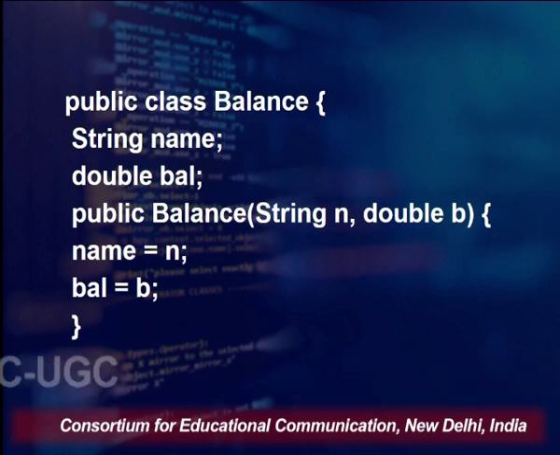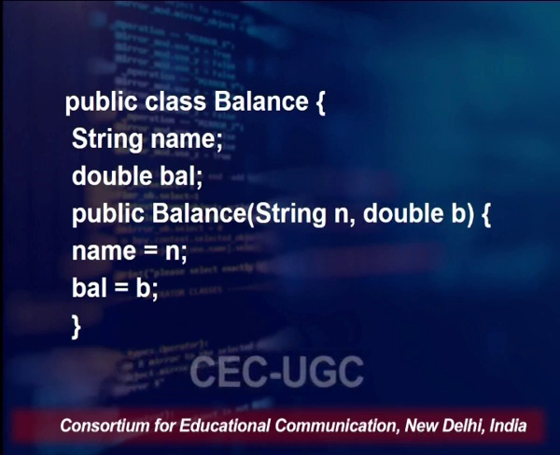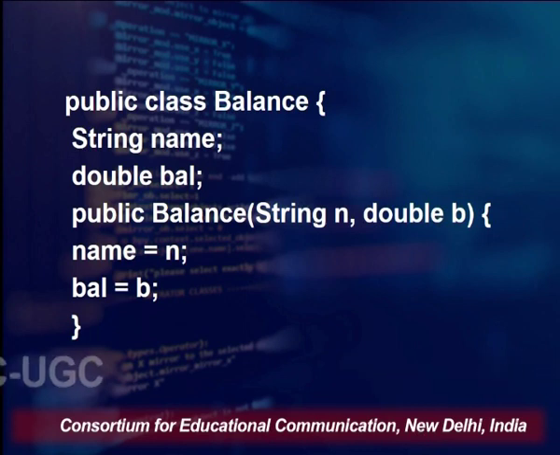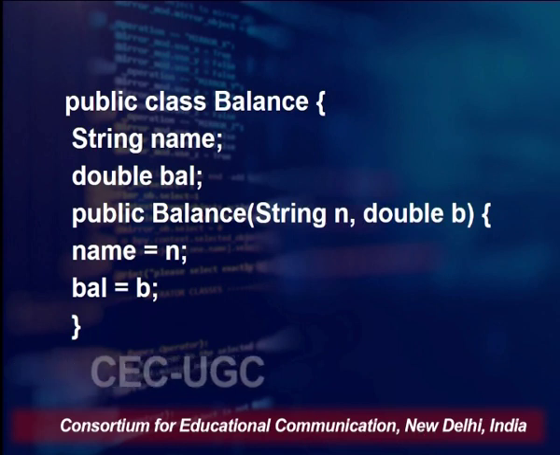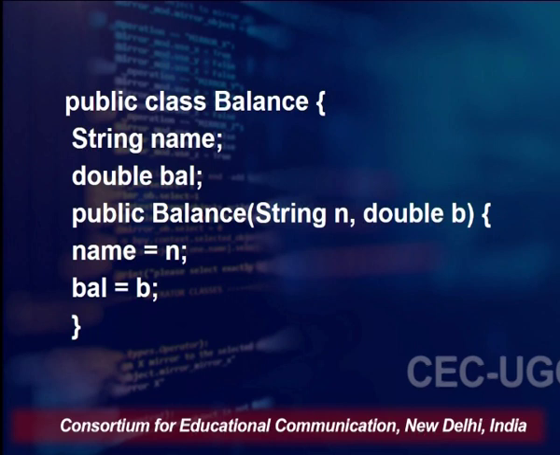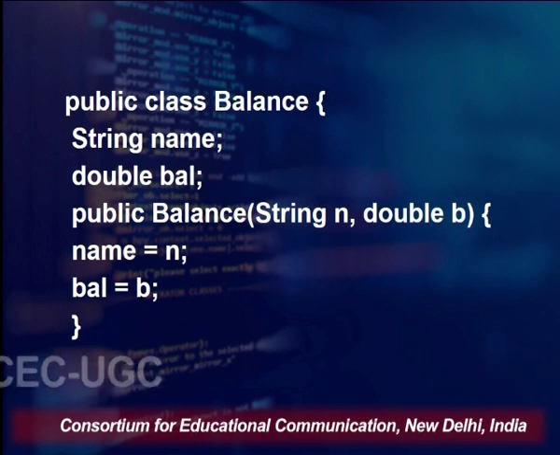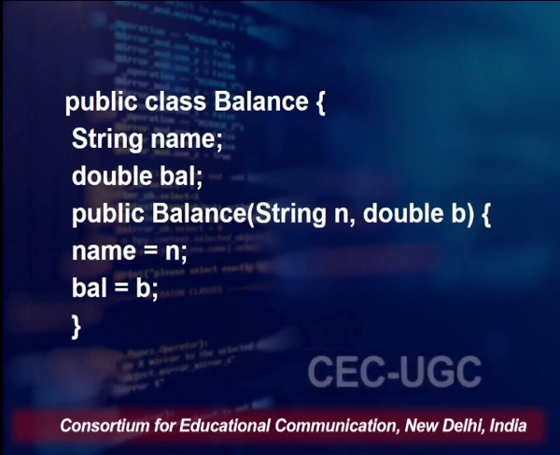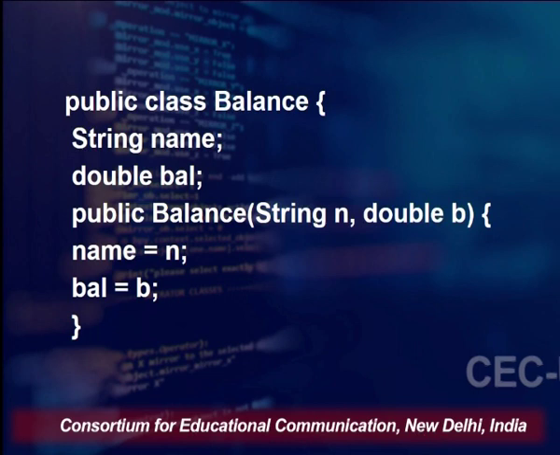Here the class is named Balance, and its access modifier is public. We have one variable name, which is of type String, and one variable bal, as in balance, of type double, and we have its constructor, which is again made public: public Balance(String n, double b). It takes two values from outside, n and b.